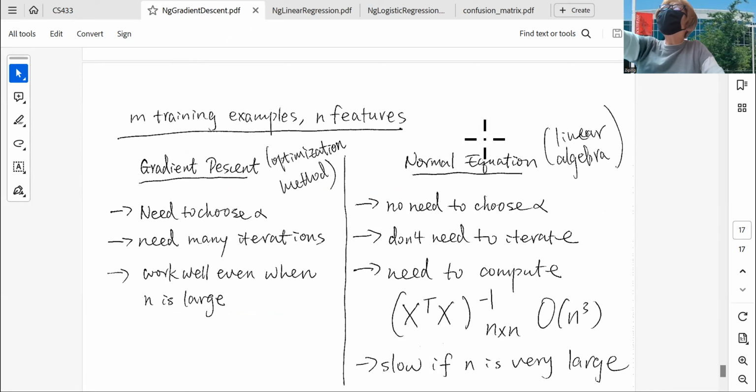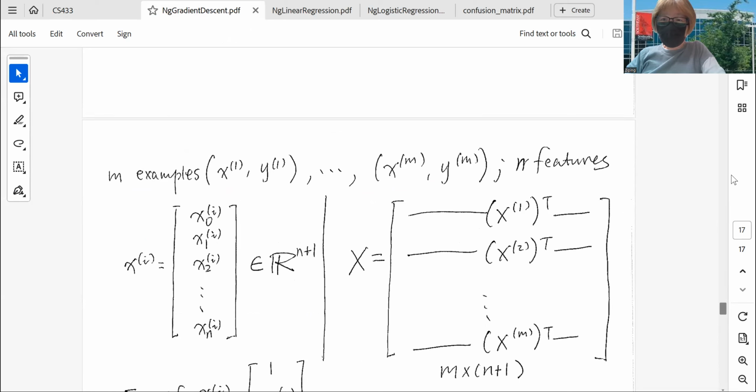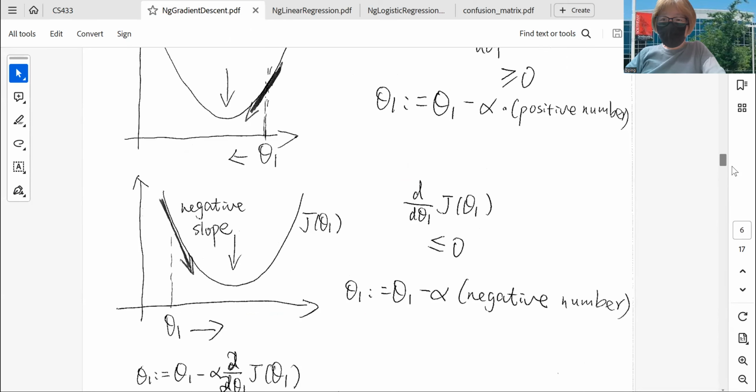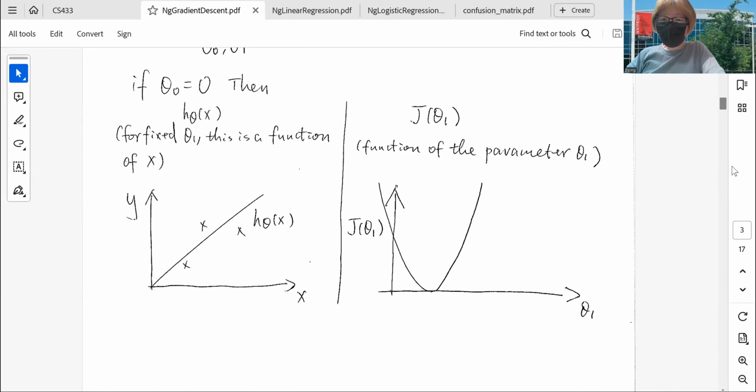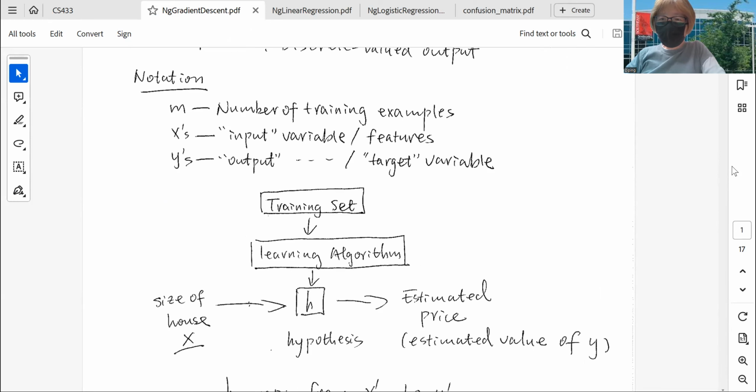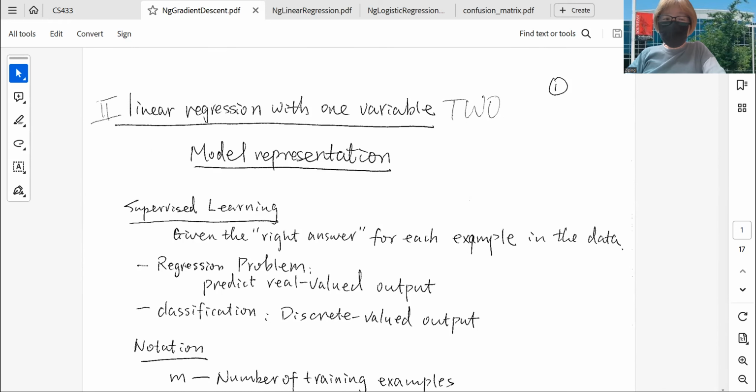Do you still remember that? Yes, gradient descent is a very important concept in machine learning, so we all need to understand it.